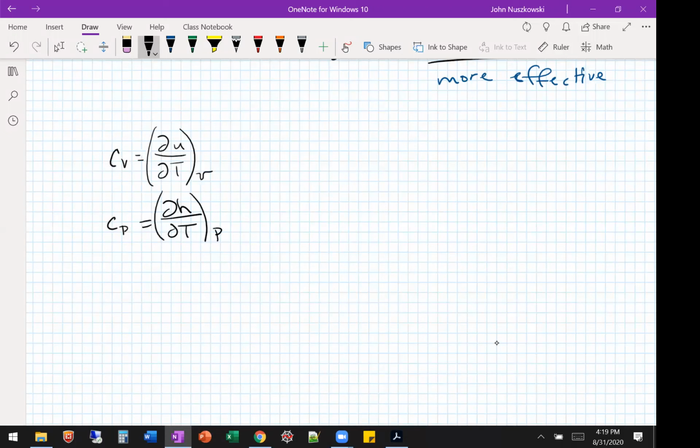Well, for an ideal gas, they determined, in the Joule experiment, that it's only a function of temperature. So that means there's no partial anymore. So then CV equals du dT and CP equals dH dT.